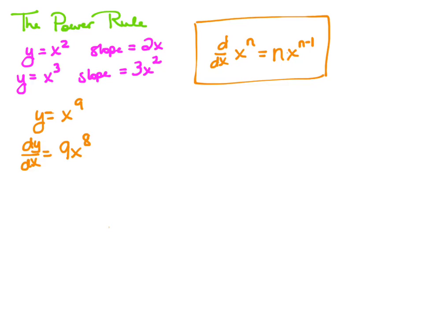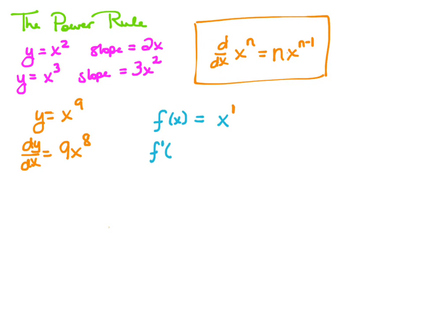Now let's consider this function. Let's say that we have f of x is equal to x. Now in this case, it's maybe not readily apparent that we can apply the power rule, but if I just have an x with no exponent, then remember we can assume that there's an exponent of 1. And so I can apply my power rule.